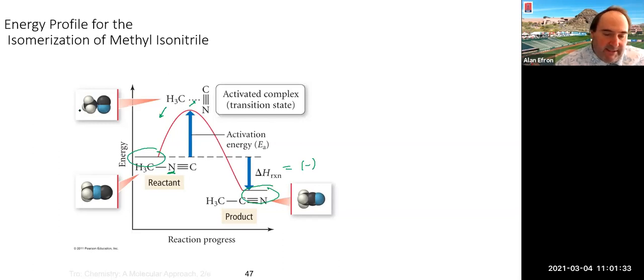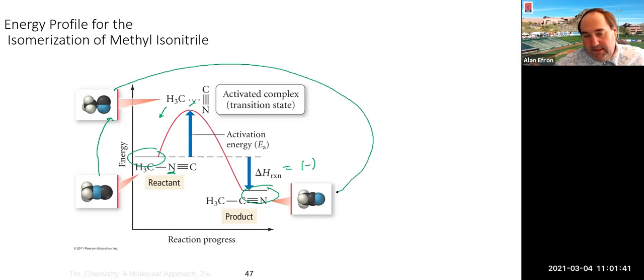So again, you can see we start switching around the bonds, moving the bonds, breaking and making, and eventually it ends at the end of the hill in its final proper location.